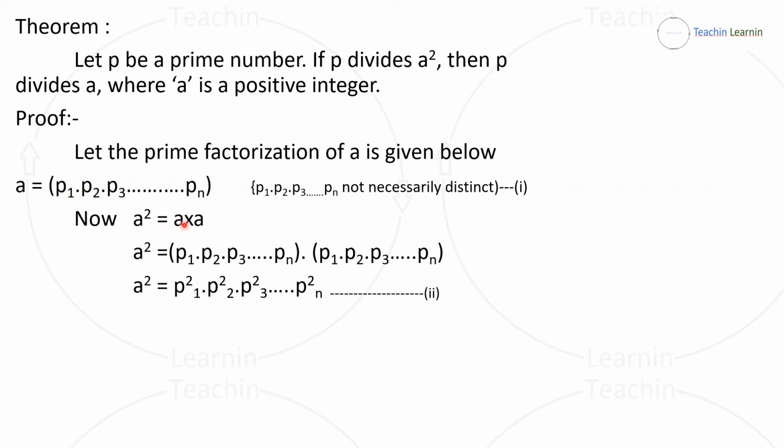Now for each A we have written P1 into P2 into P3 up to Pn. So A square is P1 into P1, P1 square, P2 into P2, P2 square, P3 into P3, P3 square, and it goes up to Pn square.